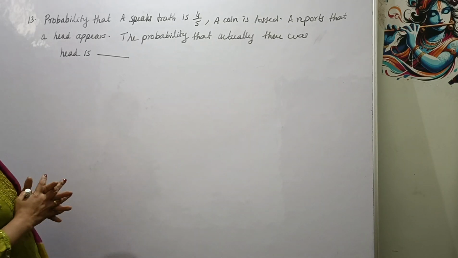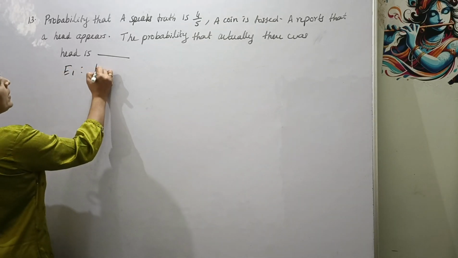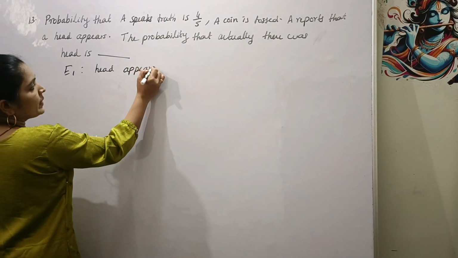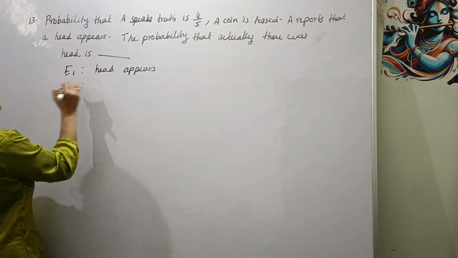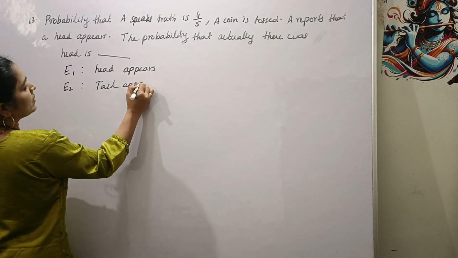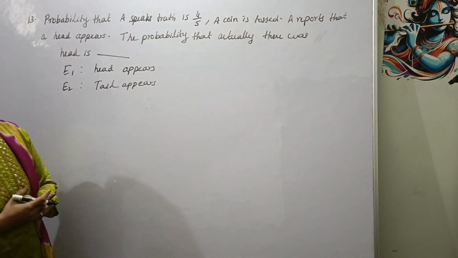See here, first of all let's take E1 be the event, head appears, okay, and E2 be the event, tail appears, okay. When we toss a coin, head appears and tail appears.